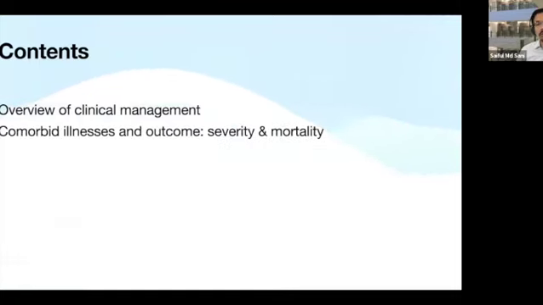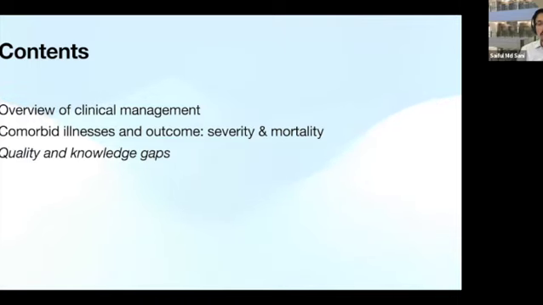And then I'll go straight into the topic that we are going to address: the comorbid illnesses and how they affect outcome in dengue. Specifically, I'm looking at how the comorbid illnesses modify the course of dengue in terms of the severity of the illness and finally mortality.